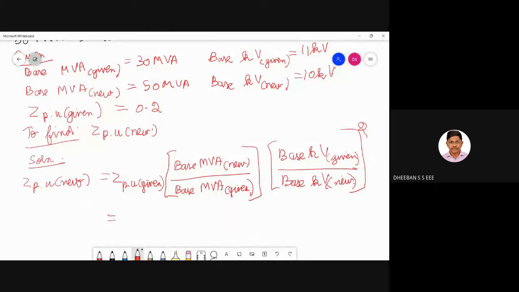It's simple, just substituting. So it is 0.2 into base MVA new, 50, and the given is 30, into, so given is 11. Here it is MVA, so MVA gets cancelled out. And kV new is 10, the whole square.